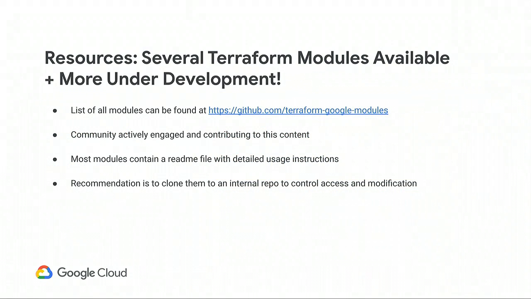If you're interested in leveraging these modules, you can head over to github.com/terraform-google-modules. And there's an active community, as I mentioned, through the Terraform provider for GCP. There's also an active community within Google building out those modules that fit enterprise use cases. So we want to make sure that in all the READMEs and content that we have, you're able to consume that and figure out how to scale that across your deployments.